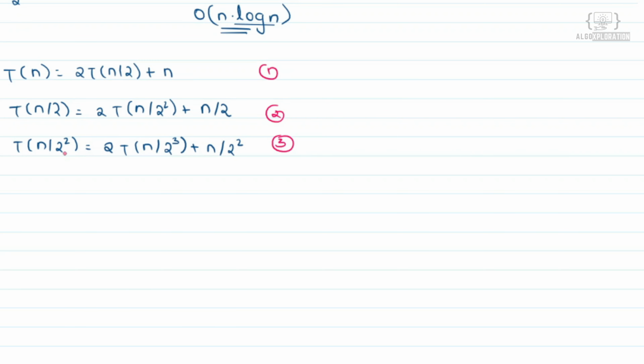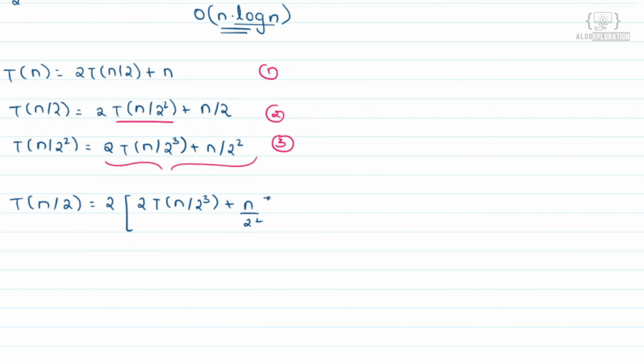Now substituting this value in this part, we get T(n/2) = 2(2T(n/2^3) + n/2^2) + n/2. If we open the bracket, we get 2^2 T(n/2^3) + n/2 + n/2.